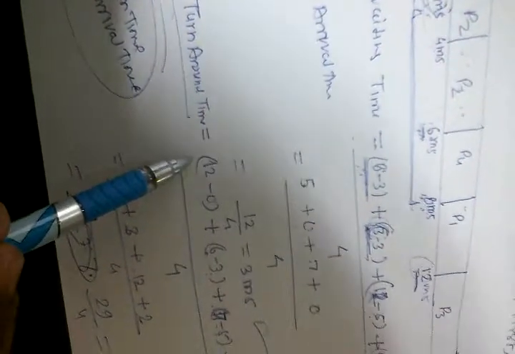P1 completes its job at 12 milliseconds and its arrival time is 0, so 12 minus 0.